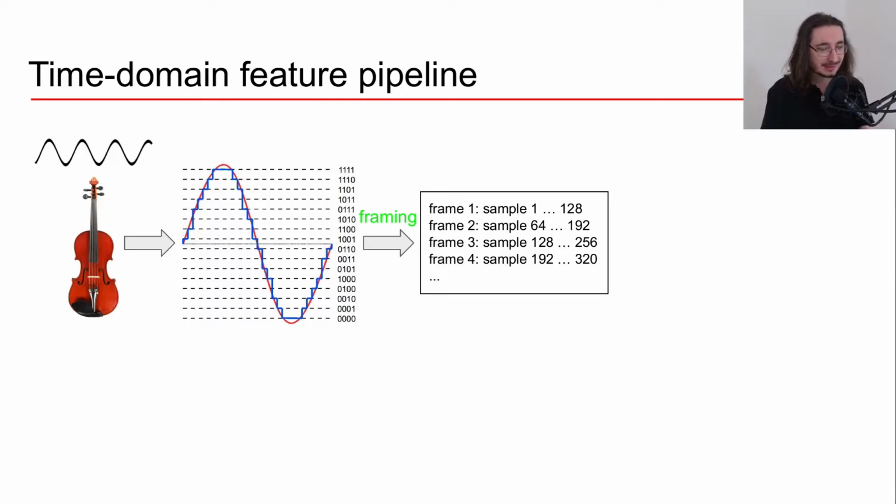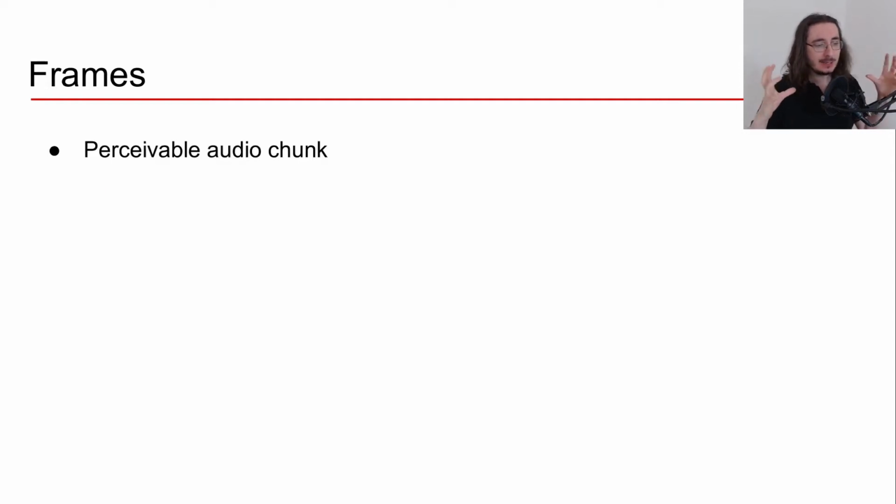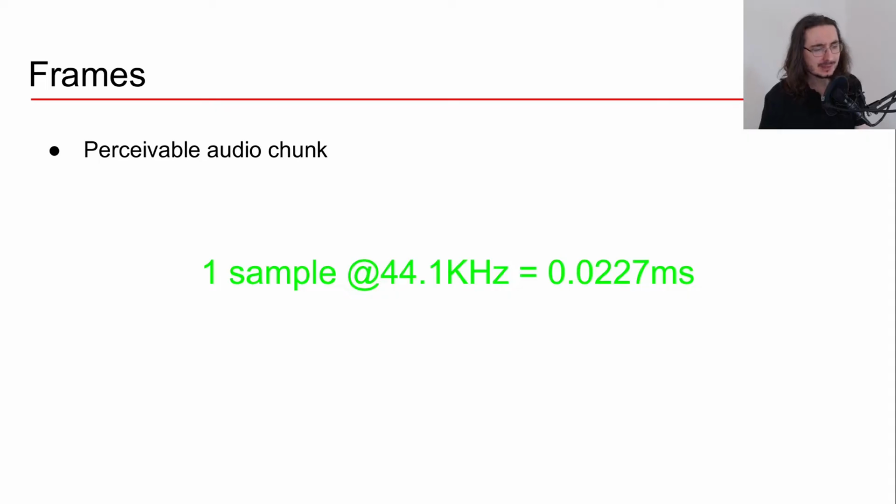Okay, so now let's understand a little bit better why we use framing before we extract features, acoustic features. Well, we can think of frames as audio chunks that are perceivable, things that we can perceive. Now, the problem is that if we take a look at one single sample at a sampling rate of 44.1 kilohertz, which is the sampling rate for the CD-ROM, we find out that that sample has a duration of 0.0227 milliseconds, right?